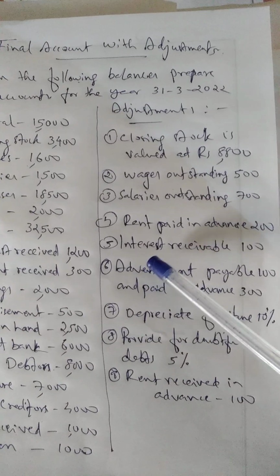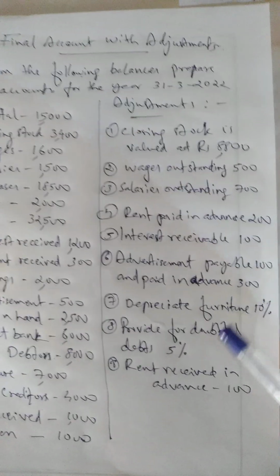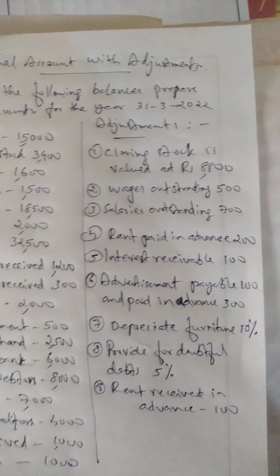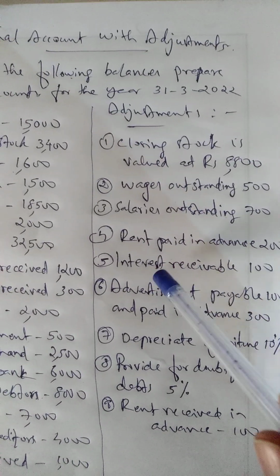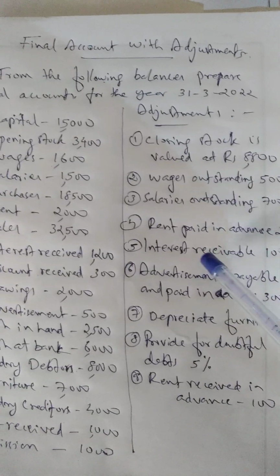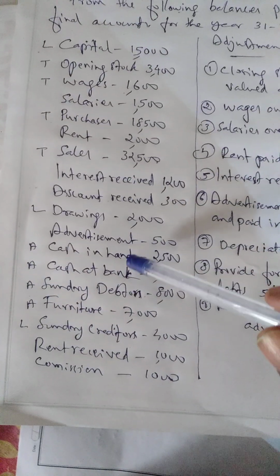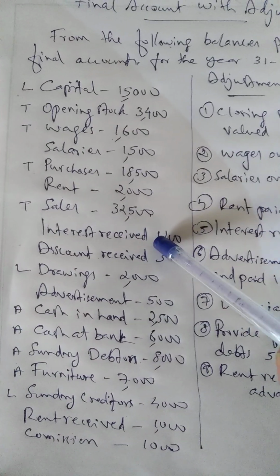Similarly, another item, interest receivable. Interest receivable means it is an income, isn't it? As it is stated, it is receivable. It is a receipt. It's an income. So we have to find the concerned item. Here it is, interest received. So this is the concerned item.